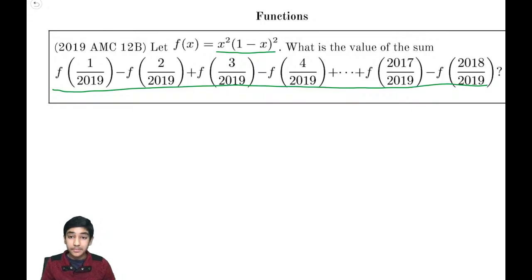So try this problem. This is a really, really nice solution to this seemingly complicated problem.